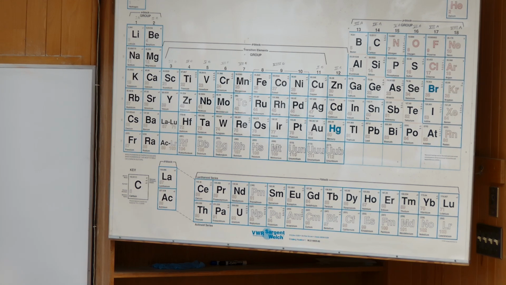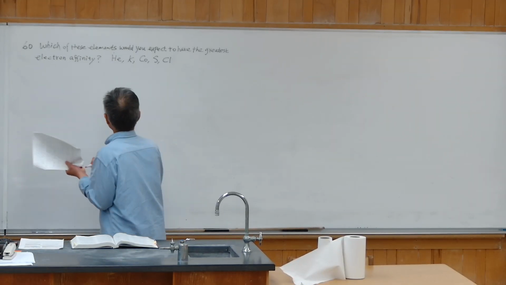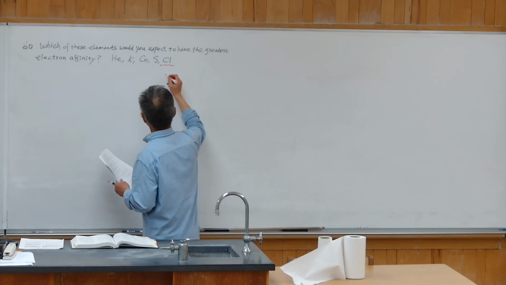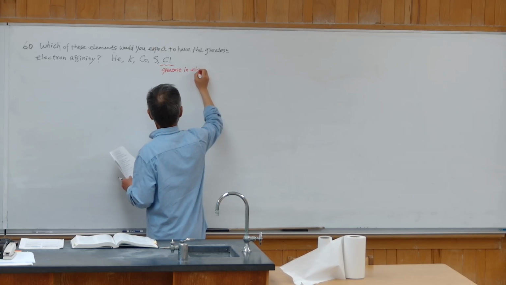So clearly among these elements, chlorine from group 7A has the greatest electron affinity.